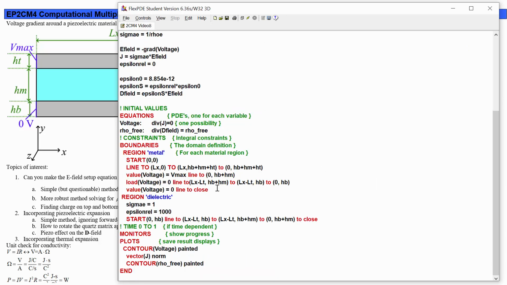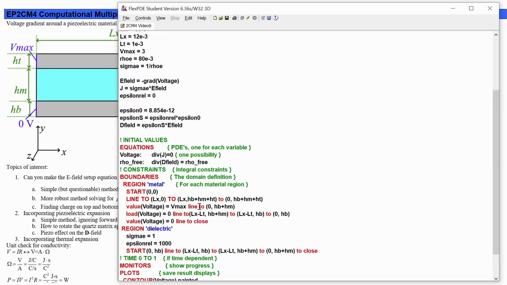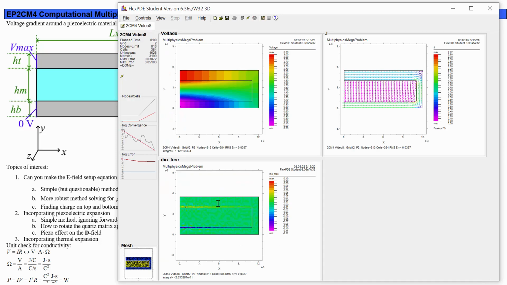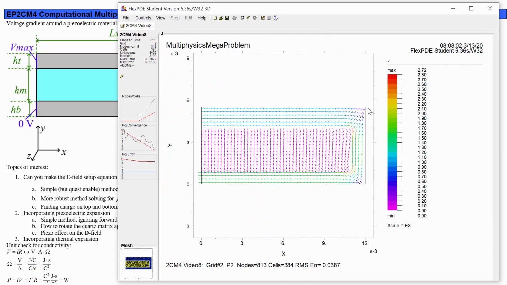To change around things a little bit more, we can specify that the conductivity in the dielectric is even smaller. So that just makes sure that there's basically no current going through this part.